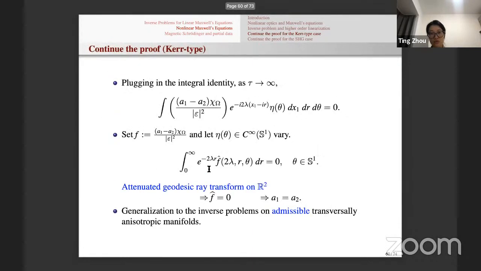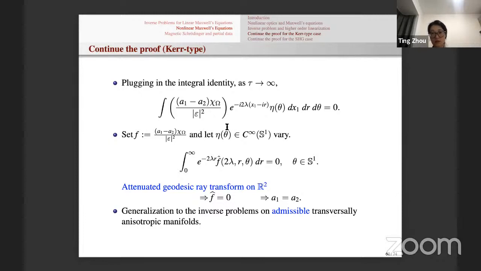And eventually we are able to recover A1 minus A2. It's a little bit tricky here: when we plug in the CGO solution, we actually get the attenuated geodesic transform on R2. So F here is the difference of the coefficients over the linear parameter epsilon squared, and we take the Fourier transform only in terms of the first variable, the x1 direction. From there, you get the attenuated geodesic transform on R2, which is still kind of an analog of the Fourier transform.